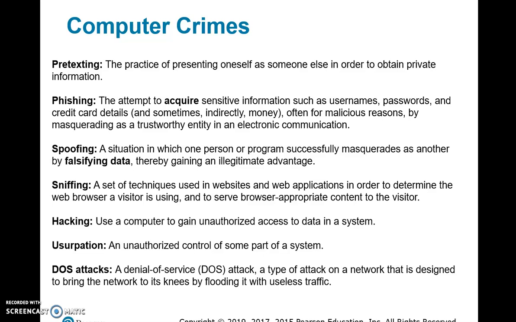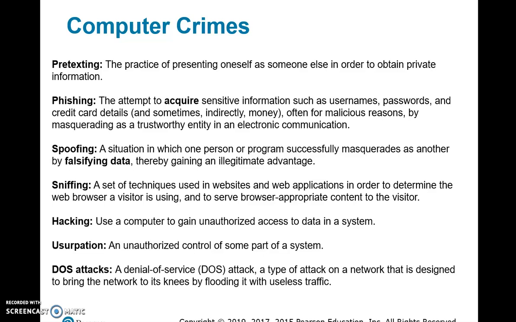That is hacking. Usurpation basically is an unauthorized control of some part of the system. That unauthorized control can happen because procedures are not being followed or policies are not established or maintained. And there are DOS attacks, which are called denial of service attacks. We talked about it before.